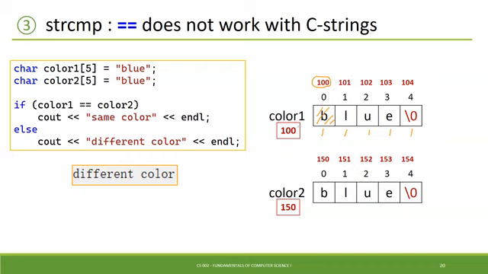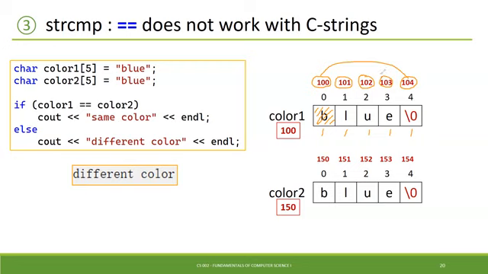For example, if the first character is at 100, then the second one will be at 101, because each character is only 1 byte. The next character will be here, the next one here, and finally the next one here. So the spaces from 100 to 104 are allocated for color1.